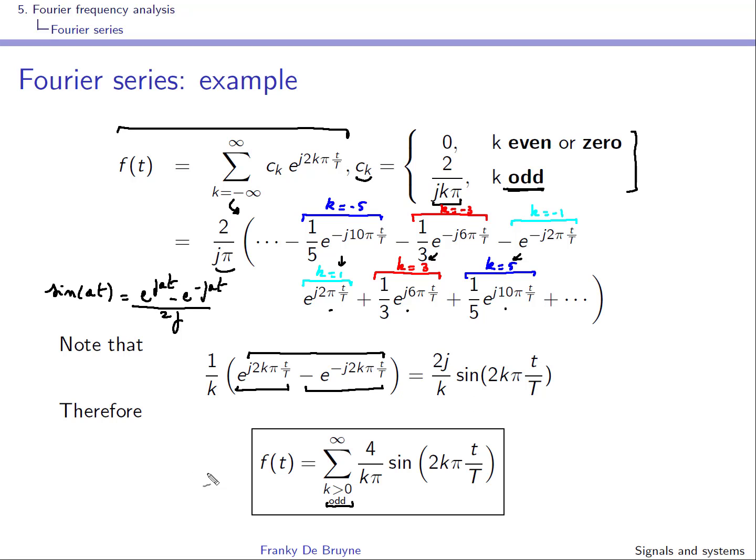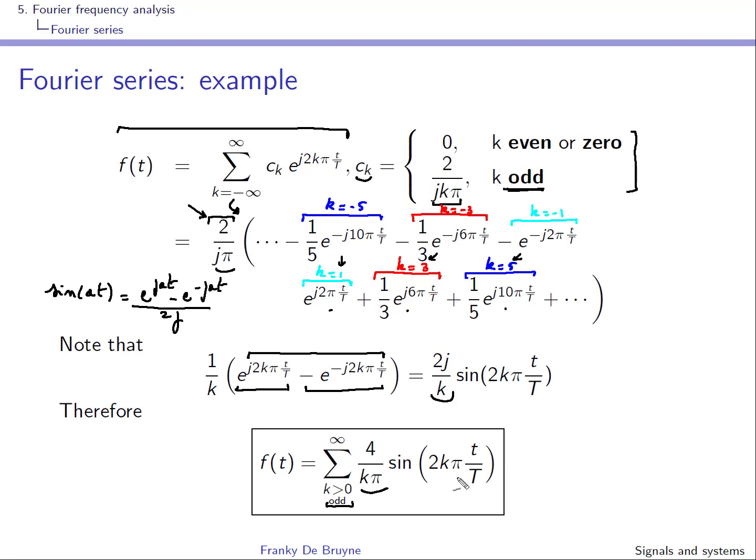So the function can be decomposed as a sum over odd positive integers. Don't forget that you have to multiply by this one over here. So this one here needs to be multiplied by this one here. This is how you end up with this coefficient times a sine.